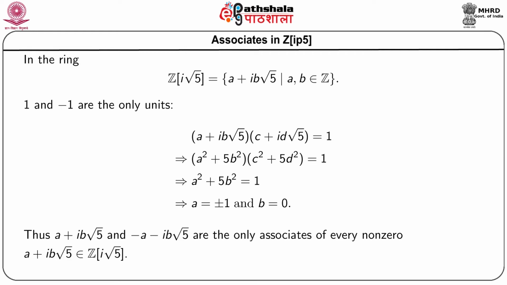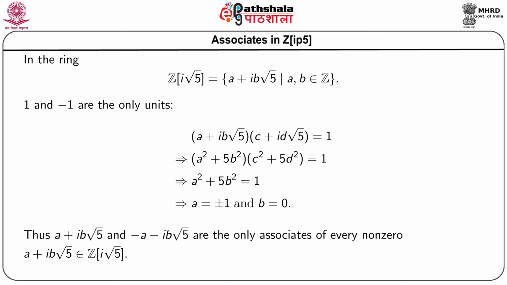Such an example is the ring Z[i root 5]. This is the set of all elements of the form a plus i b root 5, where a, b are two integers. Now, we show that this ring has only two units, 1 and -1.